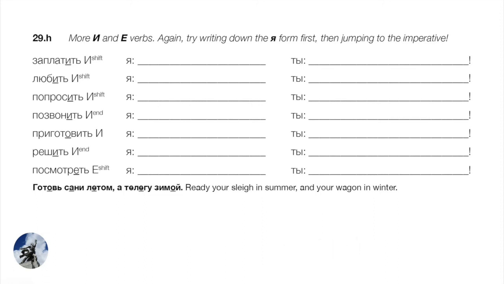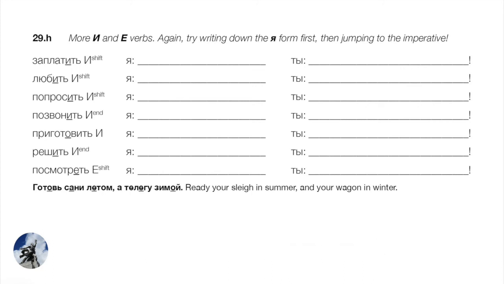Love. Попросить, that implies попрошу, right, with the end stress, and that gives us the imperative попроси, right, make a request, ask someone to do something. Позвонить, right, позвоню will be the я stress that gives us the imperative позвони.